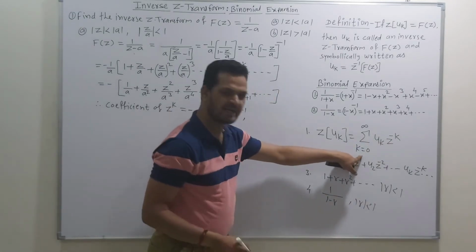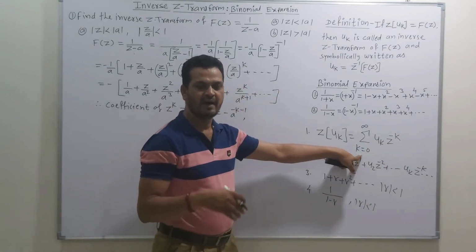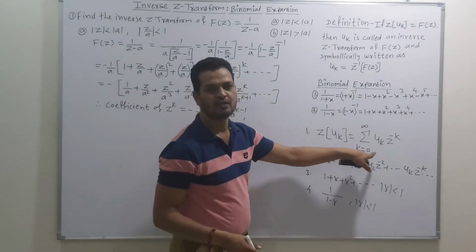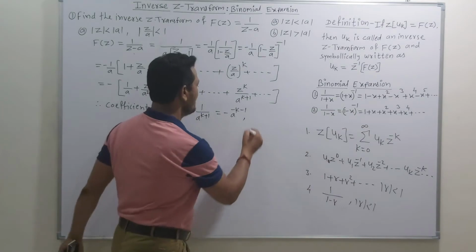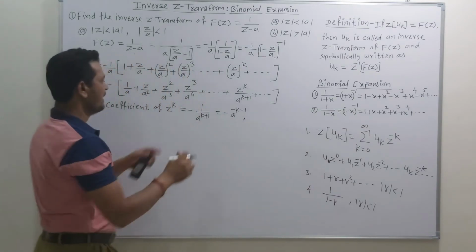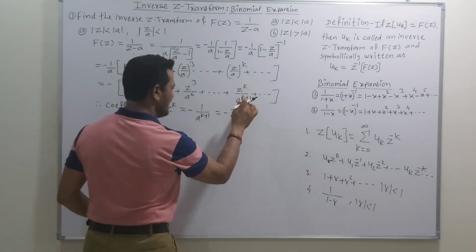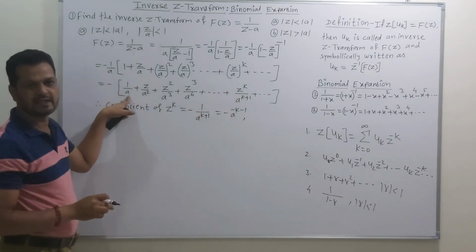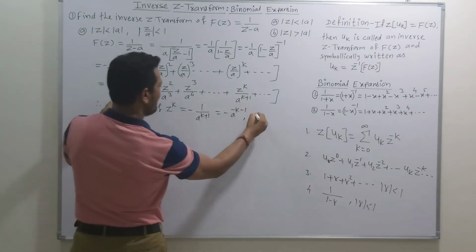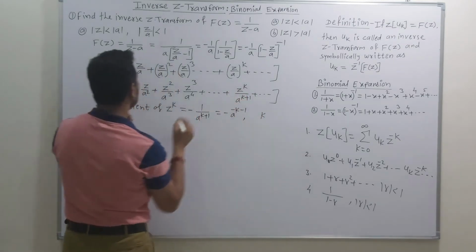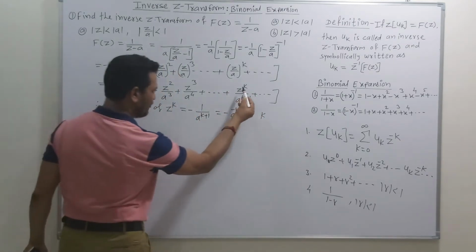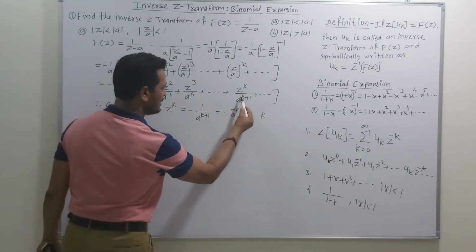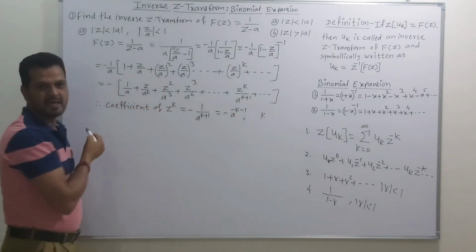Now our next aim is to find the condition on k, that means how long k goes. K goes from either 0 to infinity or minus infinity to plus infinity. This is the kth term. In this kth term, put the value of k in such a way that we get the first term. If we put k equal to 0, then z raised to 0 is 1, and a is raised to 1, which is available here.